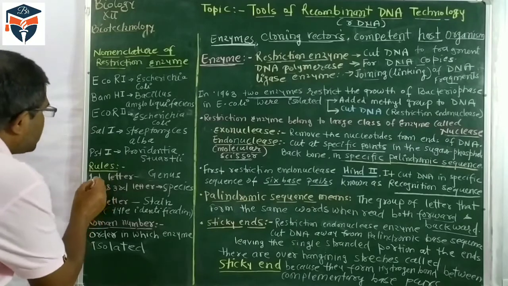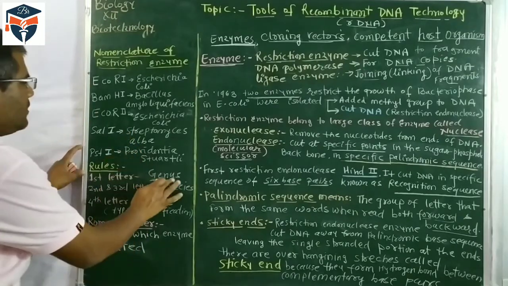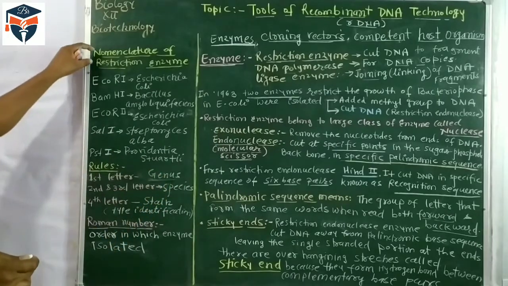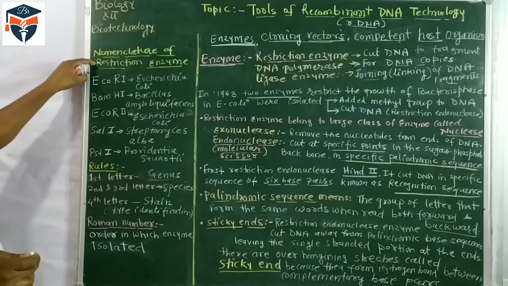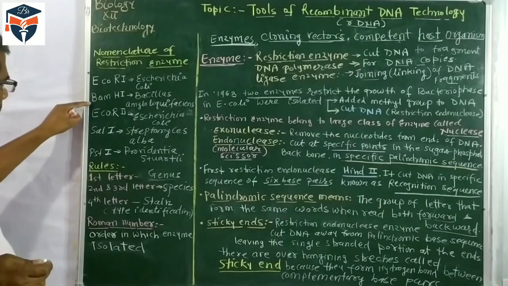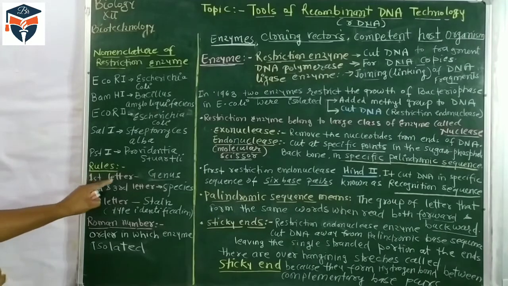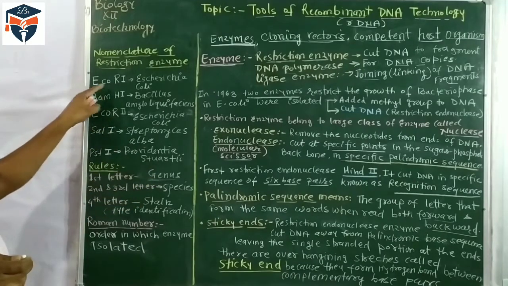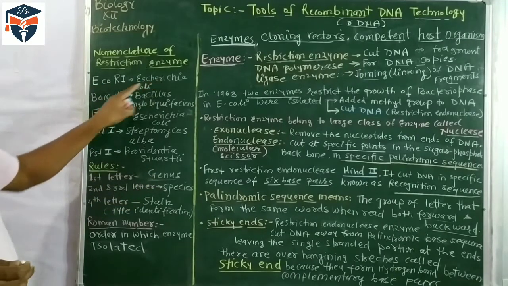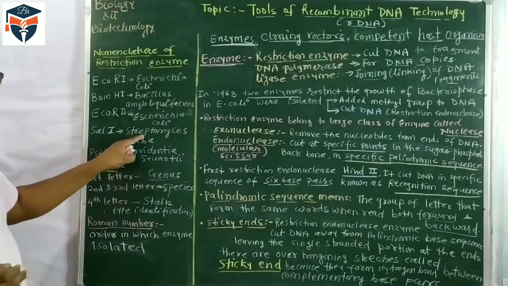The first letter indicates the genus. These are all restriction enzymes, and the first letter here E, here B, here E, here S and P indicates the genus. So E stands for Escherichia, B stands for Bacillus, S stands for Streptomyces.